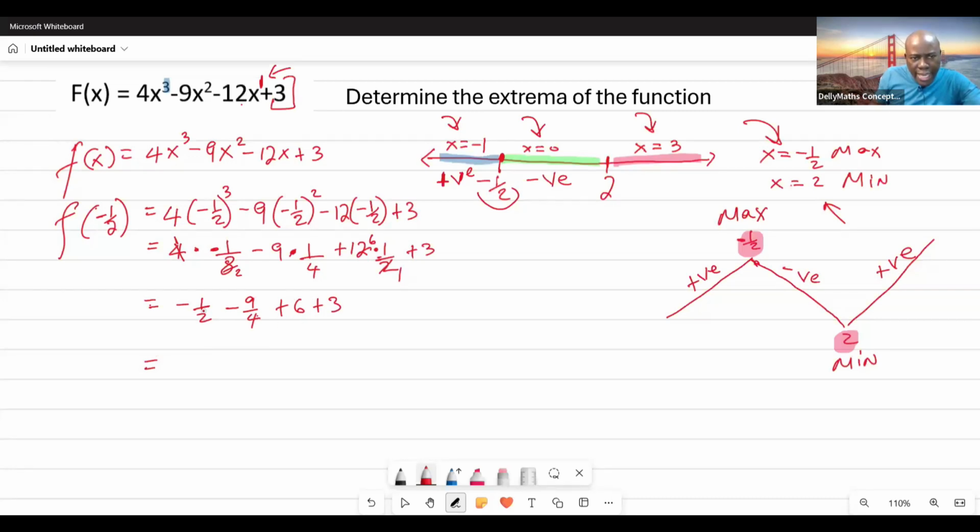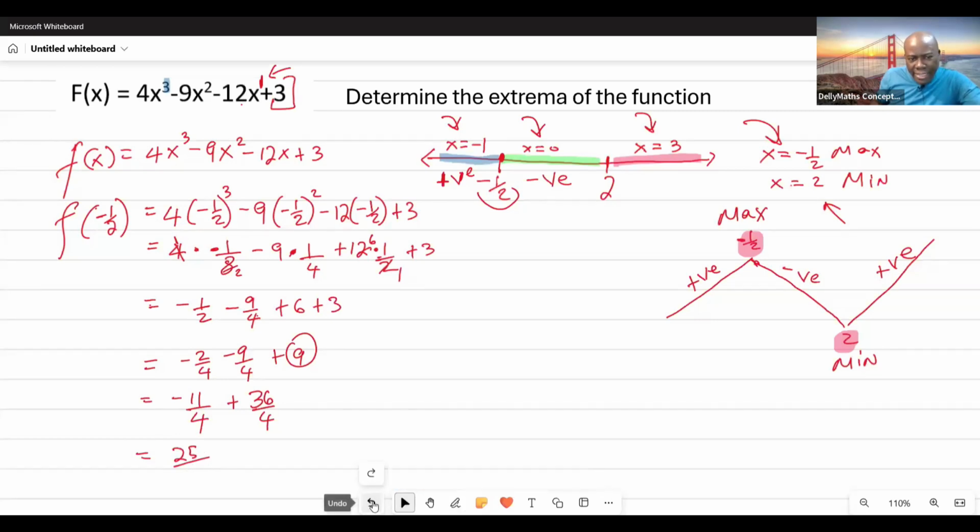So let's do this quickly. I'm going to represent the half using 4. So I'm going to represent this as negative 2/4 minus 9/4. And I'm going to add 9 when I'm done, right? So what we're looking at is negative 11/4 plus 9, which is going to be 36/4, as you could see. So we're looking at 25/4.